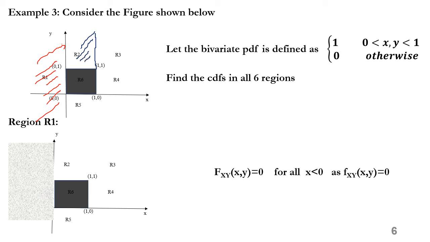Next we have R3, and we are going to consider this region. Then we have R4 that is here, and it is given by this region.